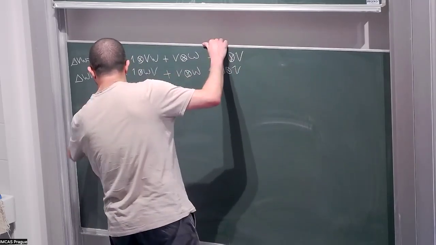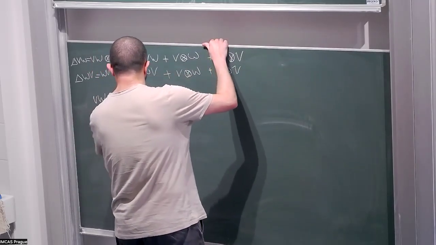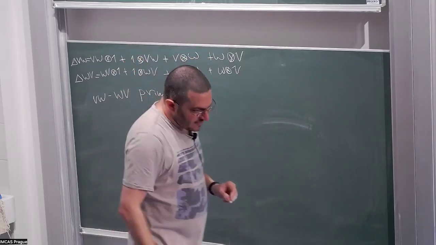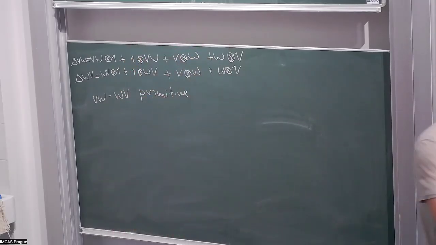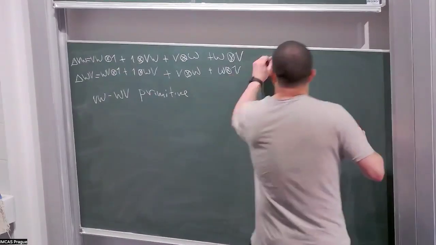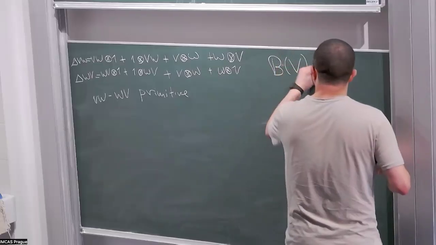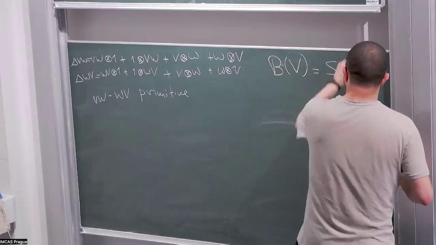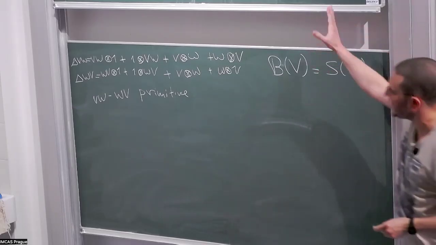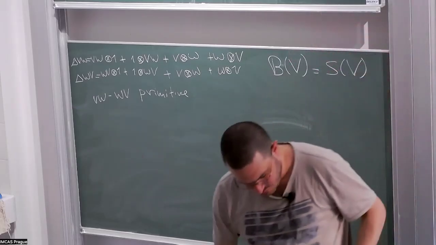Okay, so VW minus WV is primitive. So this is something that in the Nichols algebra would disappear, which means that V and W will commute in the Nichols algebra. And in fact, what happens here is that B of V is actually just equal to the symmetric algebra on V because of this calculation. And here the entire process terminates after one step.